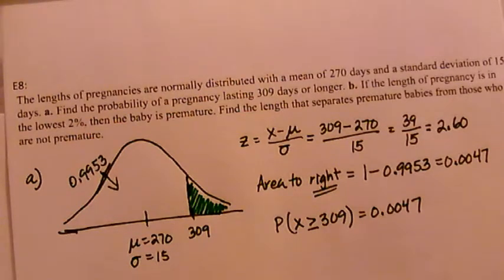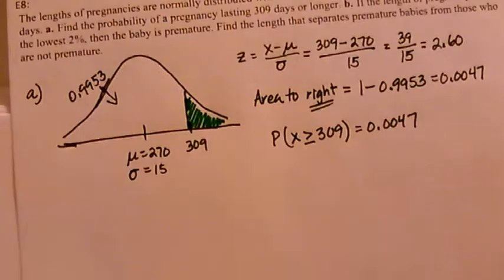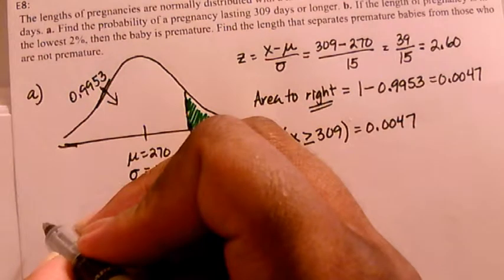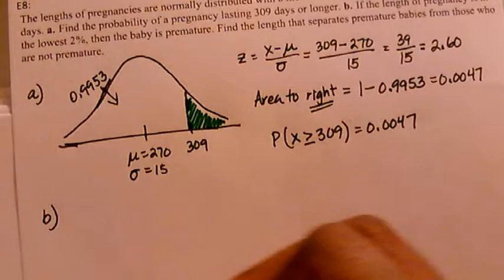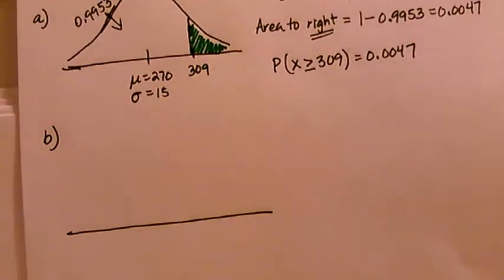Part B is this: if the length of pregnancy is in the lowest 2%, then the baby is premature. And you want to find the length of pregnancy that separates the premature babies from those that are not premature. Okay, so you're finding the x value in part B. Let's draw a normal curve.